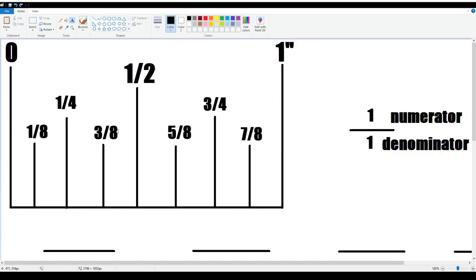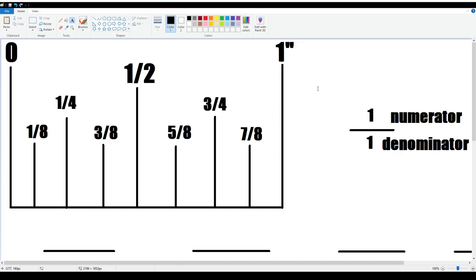So we don't go to 9. We're going to stay under it when we're sticking within our first inch here. So we have 1/8, 3/8, 5/8, and 7/8. Numerators are always odd. And our lines got a little shorter. And so that's how you're going to read down to these eighth inch fractions.